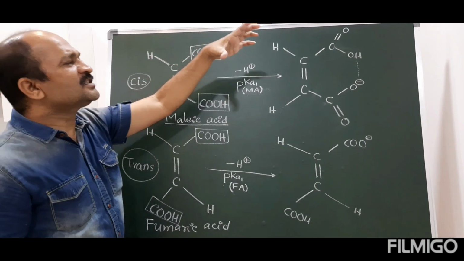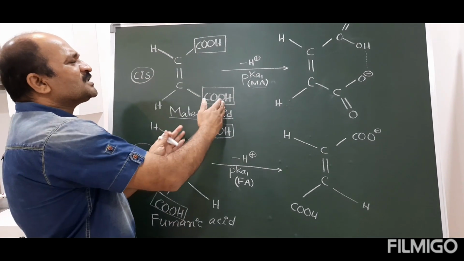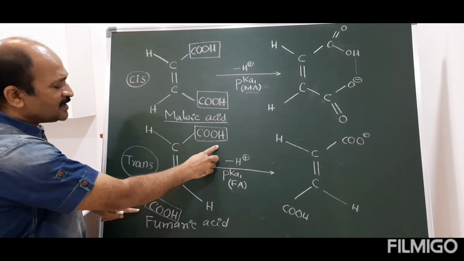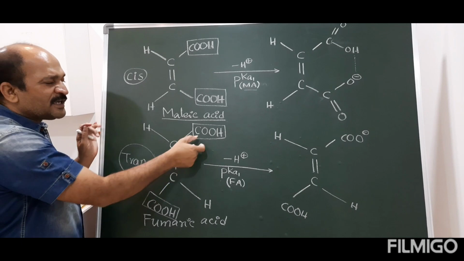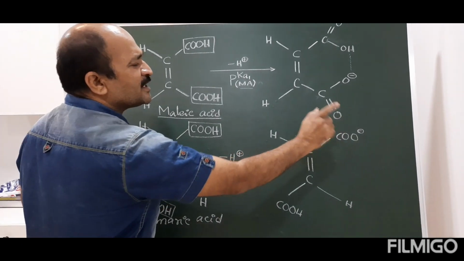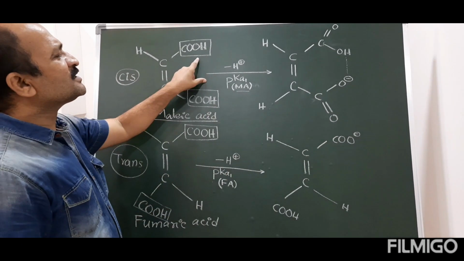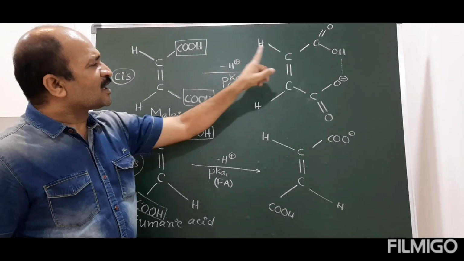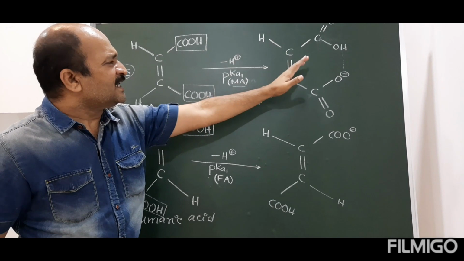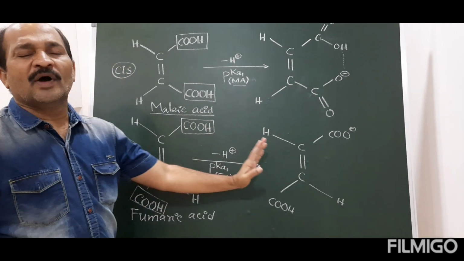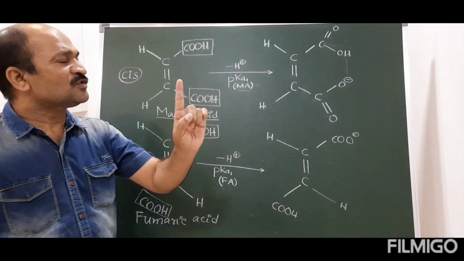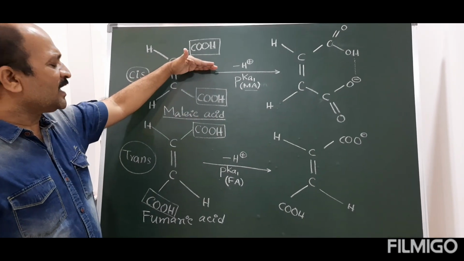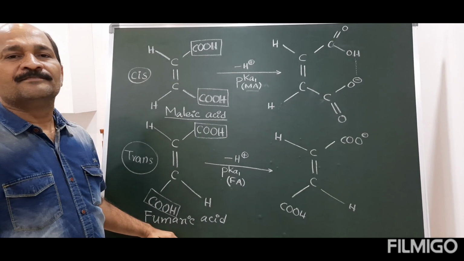In order to decrease the steric repulsion, one COOH readily loses the H plus. But here there is no such repulsion. That's why there is a lower tendency to release the H plus ion. As a result, it readily ionizes, while the other is very difficult to ionize. That is the first reason. So on this basis, maleic acid is a stronger acid than fumaric acid.